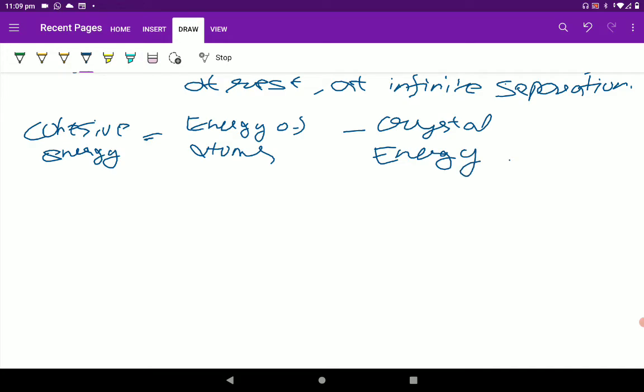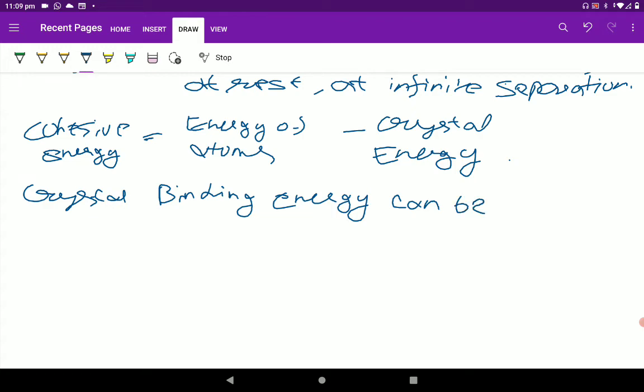The crystal binding energy can be expressed in electron volts per atom.